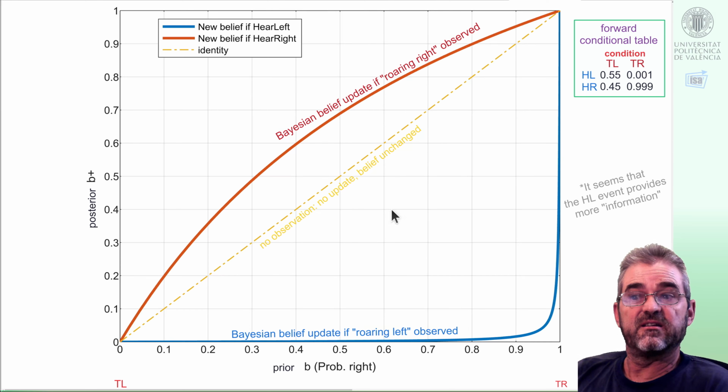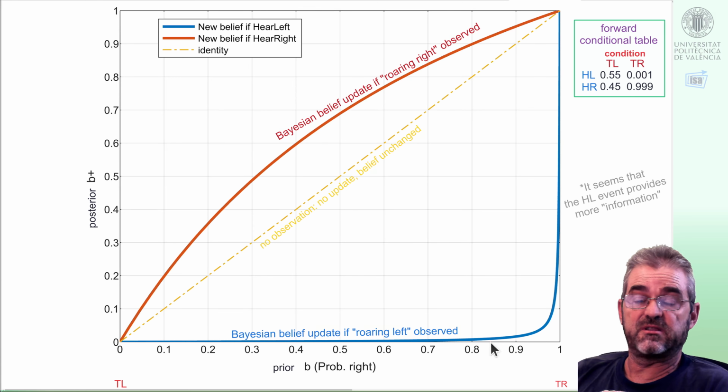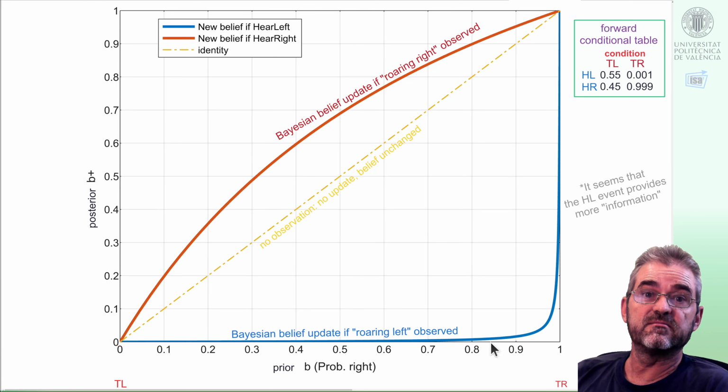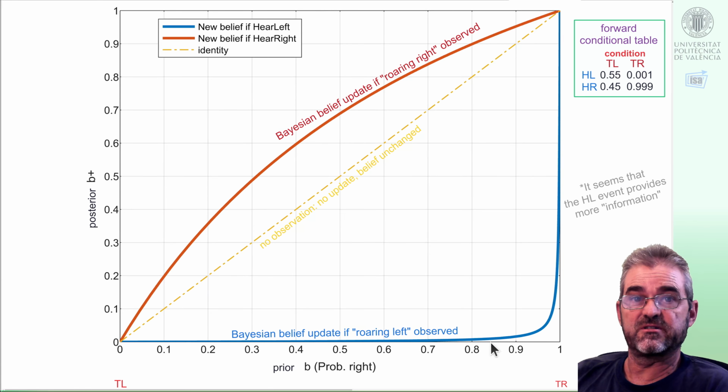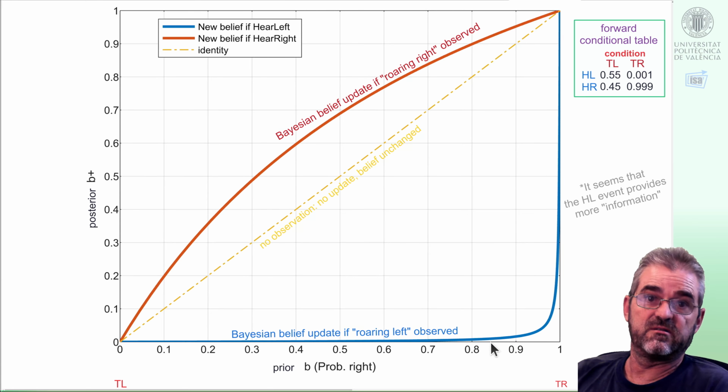But if I hear roaring at the left, blue line, then I am very sure that the tiger is at the left. Why? Because if the tiger is at the right, I would listen to left noises only 1 in 1,000.